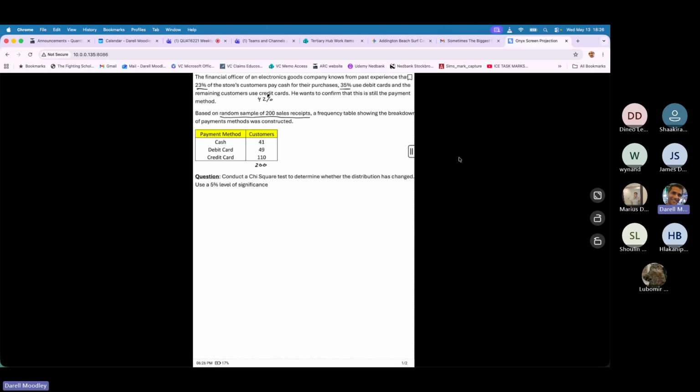All right, so let's answer this question. Conduct a chi-square test to determine whether the distribution has changed. Remember, last week we did 2 chi-square tests, so you get different types of chi-square tests. The one we did last week was testing independence. We also did testing for equal proportions.